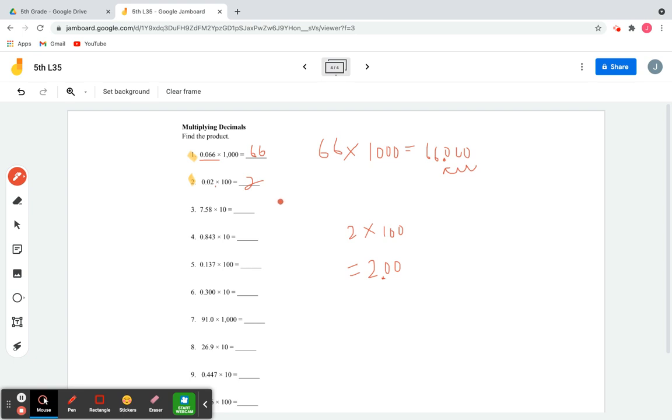So basically the answer is the same. So for number 1, we have 1000, right? There are 3 zeros, 1000. So we can just simply move the decimal point to the right by 3 units. So if we move the decimal point to the right by 3 units, it's going to be 66.0. And basically the answer is the same. But this is kind of like just the easier way, and you can just solve the problems like this too.